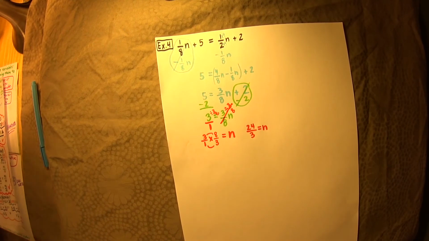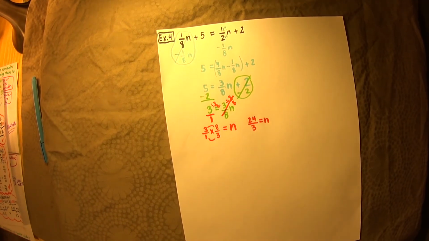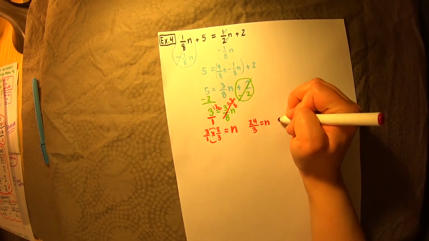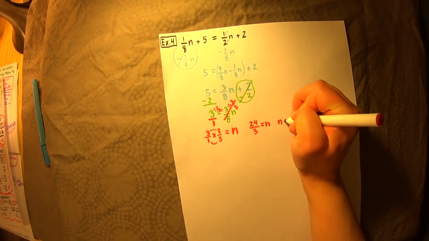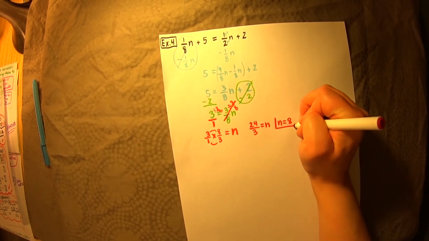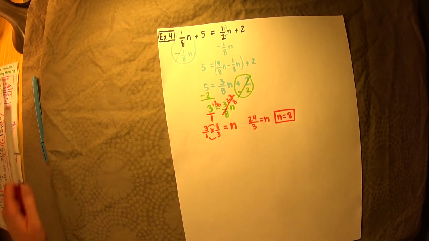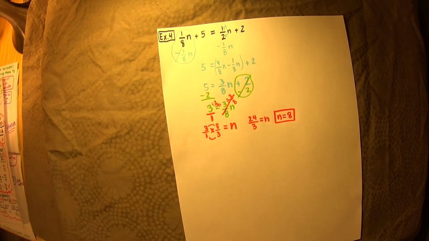Improper fraction, I don't want to leave it that way, so I need to divide it out. The nice thing though is it divides out nice and evenly. Final answer, n is equal to 8. Box it up, nice and neat. Okay, only other thing that I'm going to do is a check.